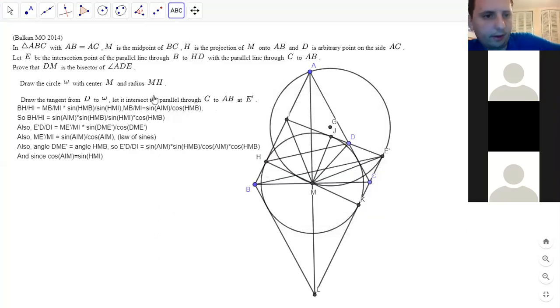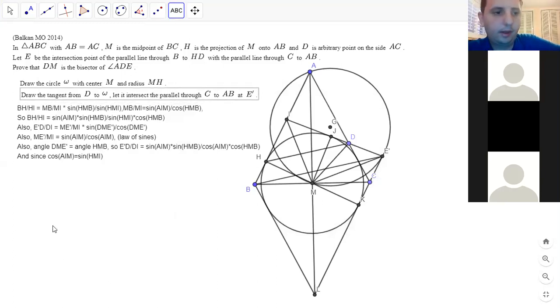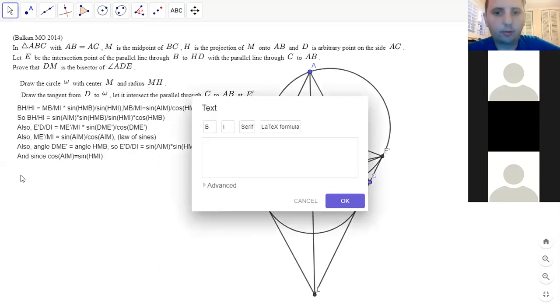And then we have the calculation that Hakan just gave. And so this means that BH over HI equals ED prime over DI.